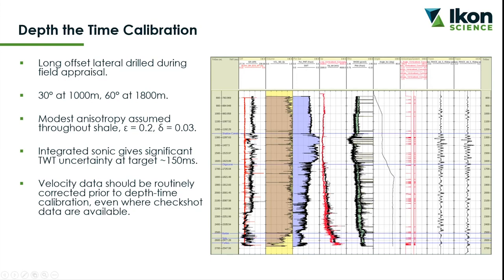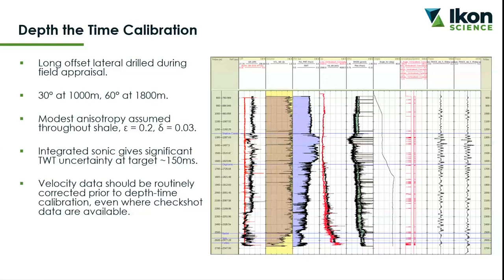So when we use that to calculate the two-way time, and we compare it to the verticalized equivalent, we can see that we can actually end up with timing errors of the order of 150 milliseconds over a 1 to 1.5 kilometer section of mud rock. That's a significant timing difference, which will have significant implications on everything from time depth conversion through to wavelet estimation.